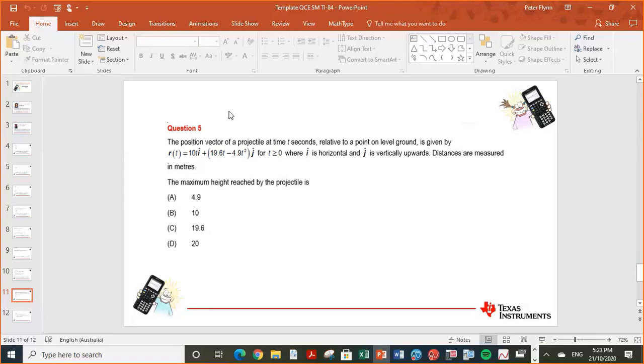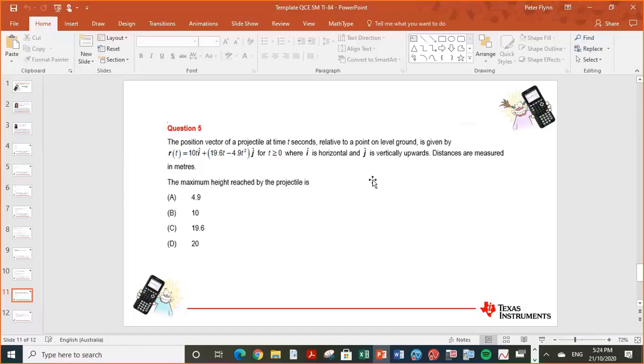So we have the y-coordinate in terms of t. What we would simply do is find dy/dt, so differentiate that component with respect to t, set it to 0 and solve. If you did that, you'd get 19.6 minus 9.8t, and then set that to 0 and solve, and you get t equals 2.